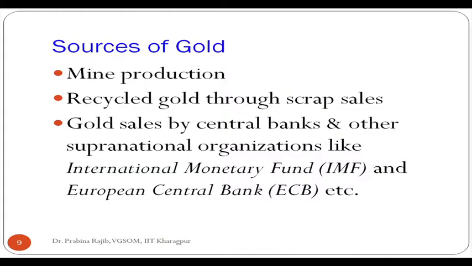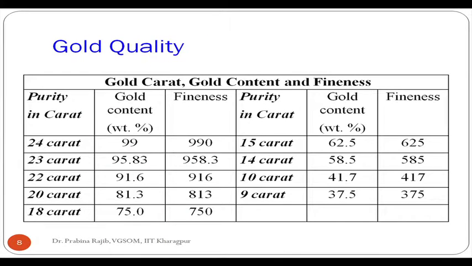One thing I would like to mention here: if you go and buy gold jewelry which says that it has 22 karat, and you are buying 10 grams worth of gold jewelry, that means 9.16 grams out of these 10 grams should be pure gold. Only then can this piece of jewelry be hallmarked as 22 karat.